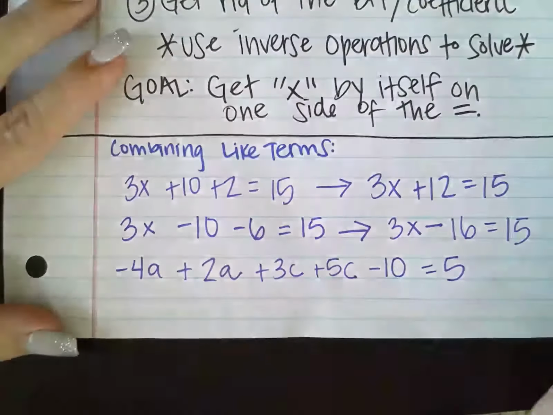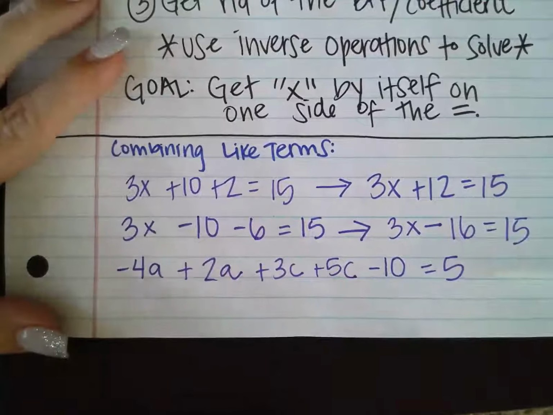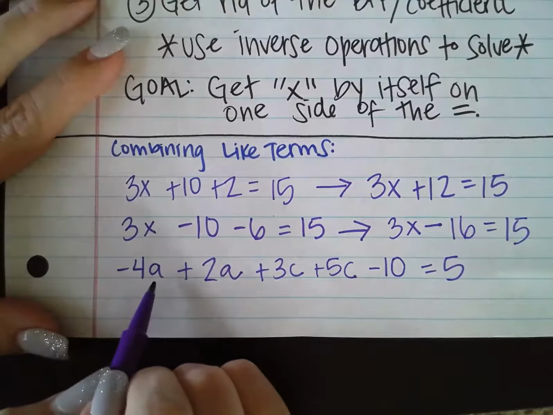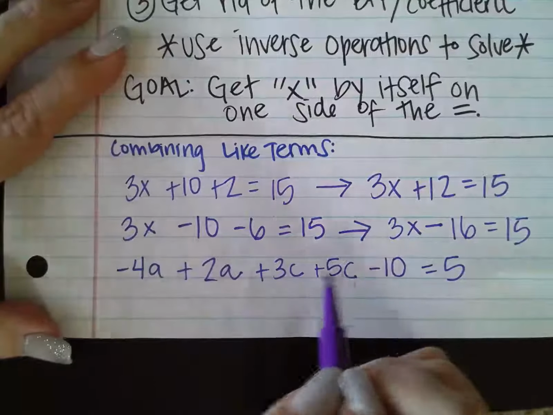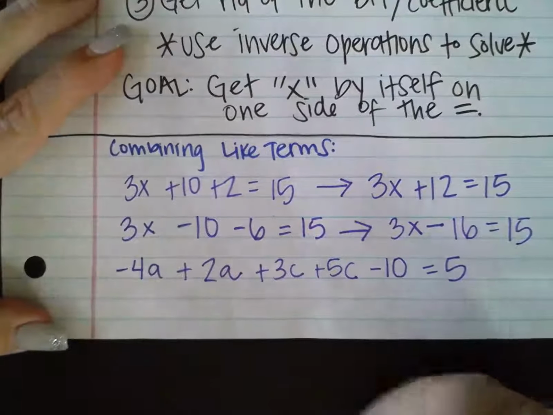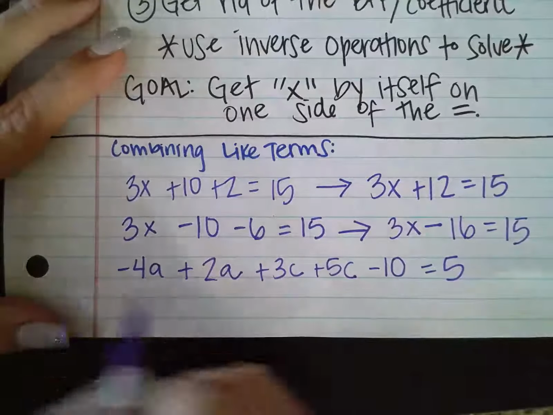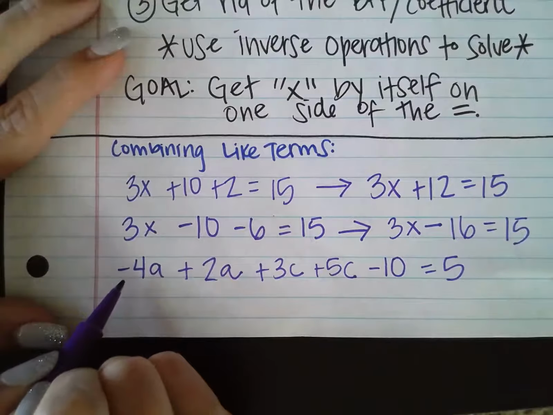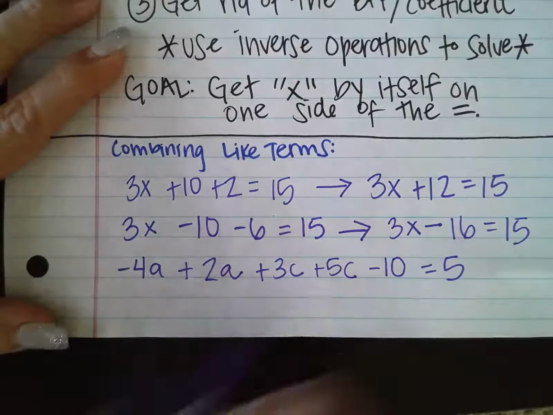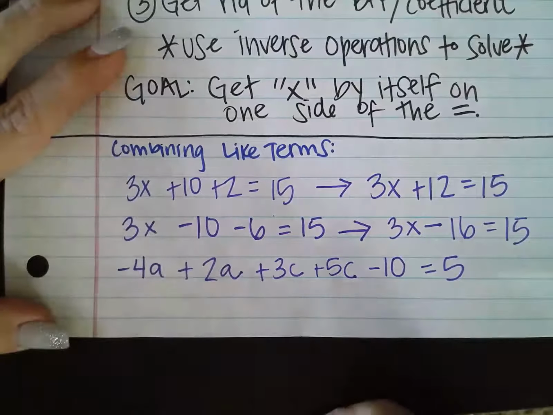So in this particular problem, I have a lot of terms. Something that might be helpful when you are working with multiple terms in an equation is to designate a shape, like a circle or a triangle or a square or a squiggle, and label all of your like terms with that shape. So for example, I have multiple terms that have an A with it.